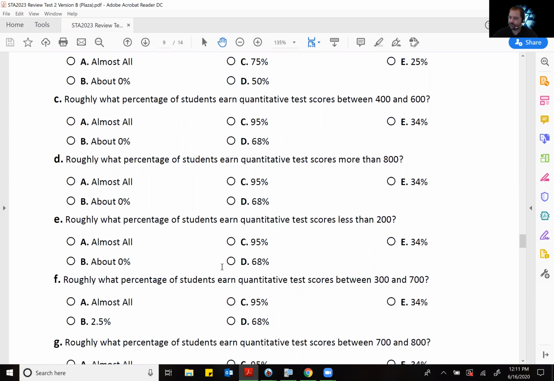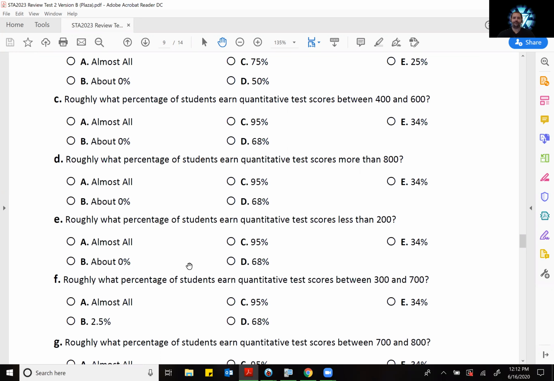F, they want us to be between 300 and 700. And G, they want us to be between 700 and 800.